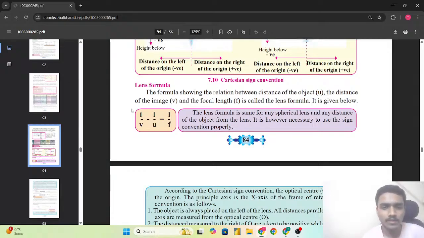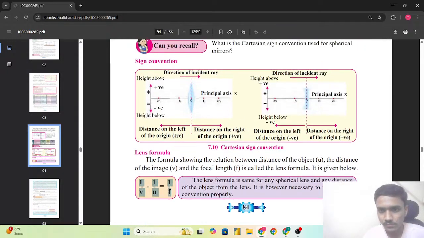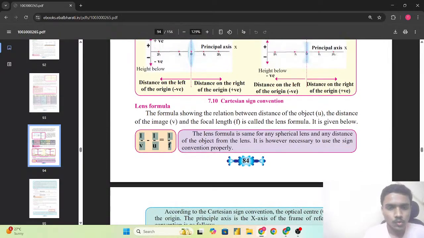Again, this formula is important, as many of the numericals in the exam may be related to this lens formula. And the numericals are easy. We only have to substitute the values according to the distances of the lens which we are considering here. We only have to keep in mind the importance of the plus and minus, that is, the negative distance sign and all.